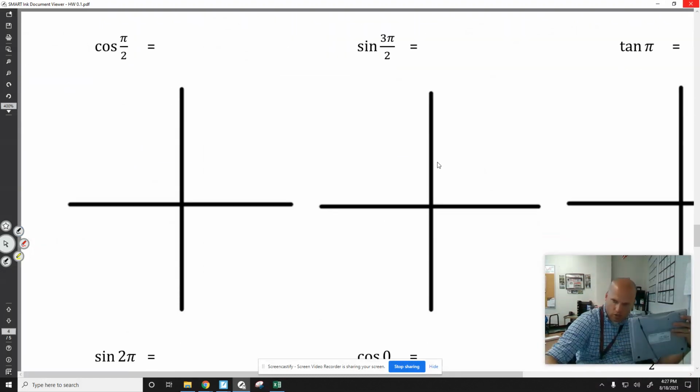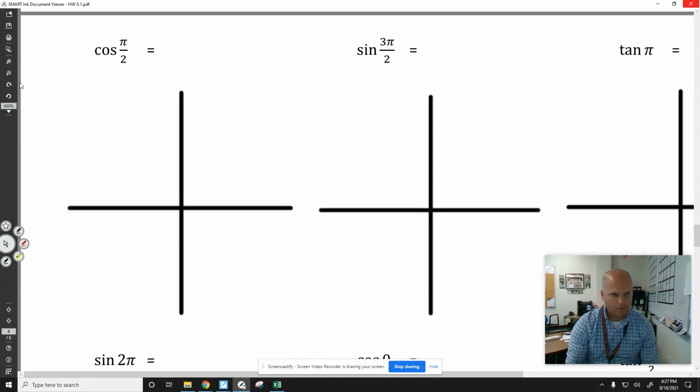All right, to the extremes. These are pretty easy. There's multiple ways to think about it, but it's consistent with what we just did. Remember that cosine of an angle ends up being the x distance.